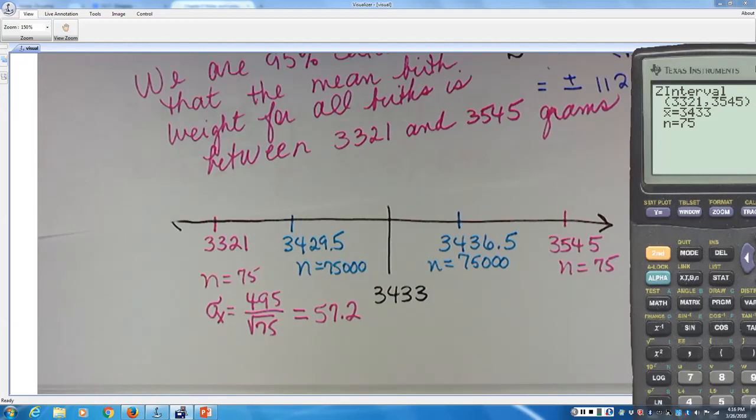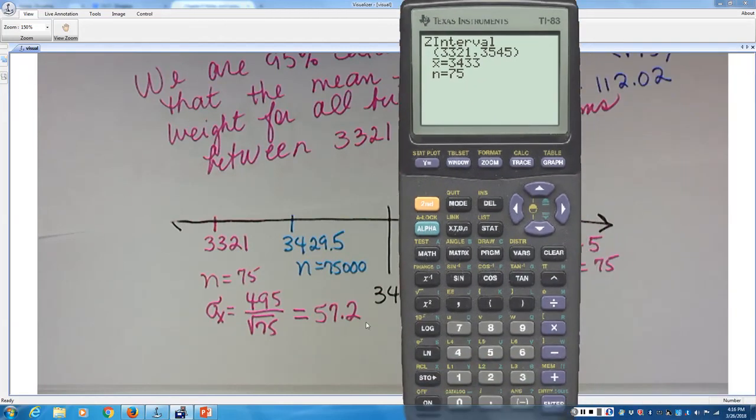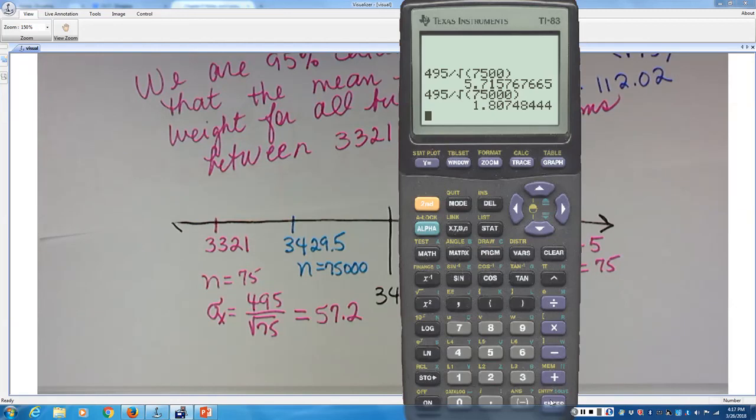But when we change that sample size to 7,500, your margin of error went down to, oh, yeah, I left out a zero. Zeros make a big difference when you don't put them in the right place. .807, which we call about 1.8.